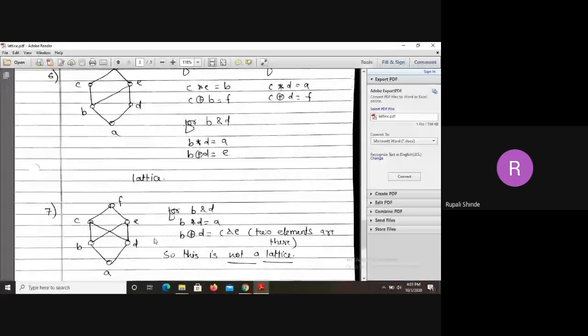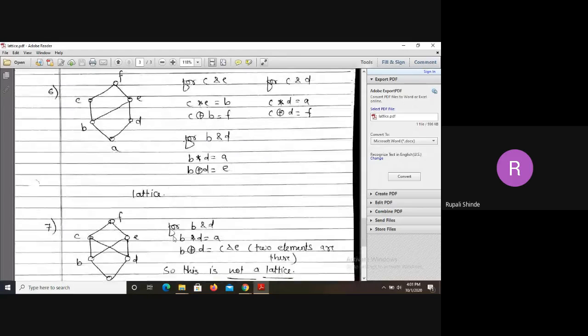So this is not a lattice. So in this way we can recognize whether a given diagram is a lattice or not.